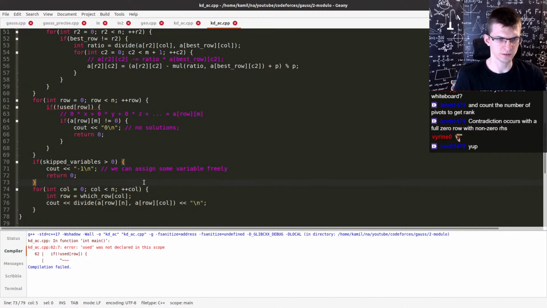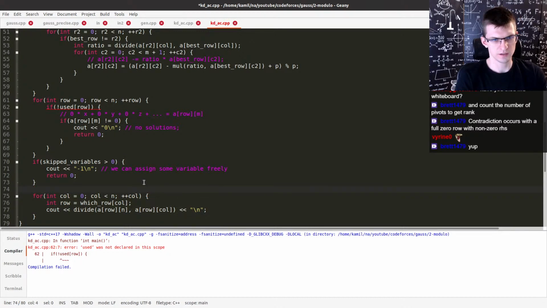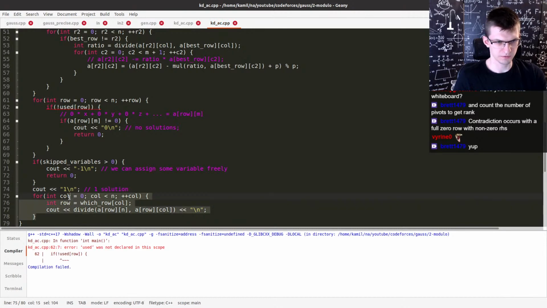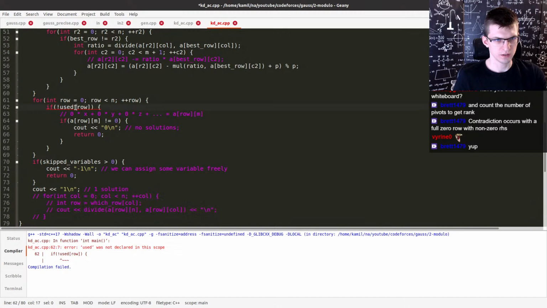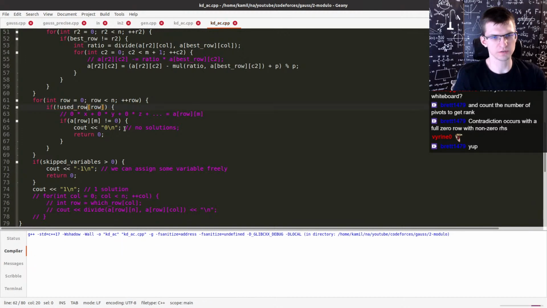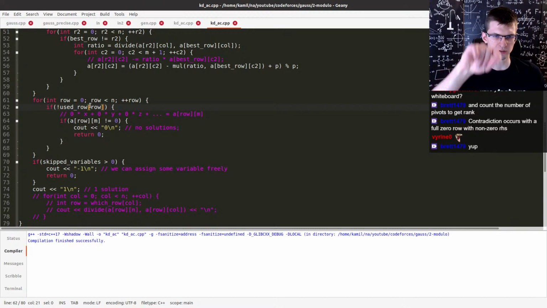I don't want to find a solution. I just want to say print 1. And this would even find it. But whatever. This array was called used row. It's whether we have some blue circle in a row.